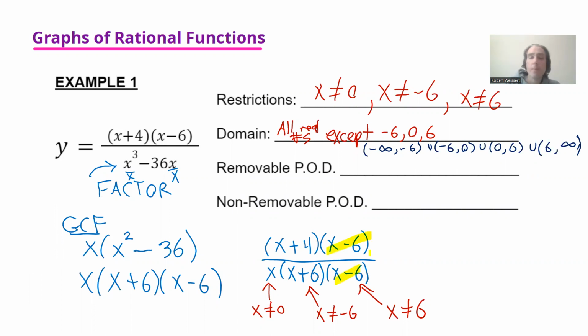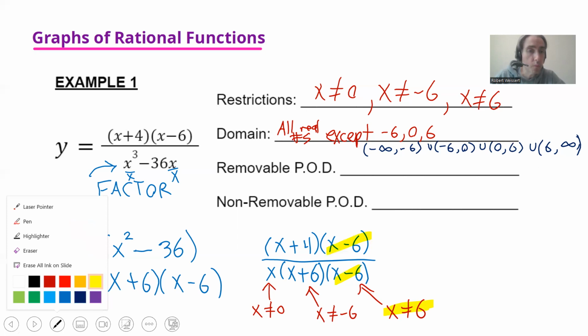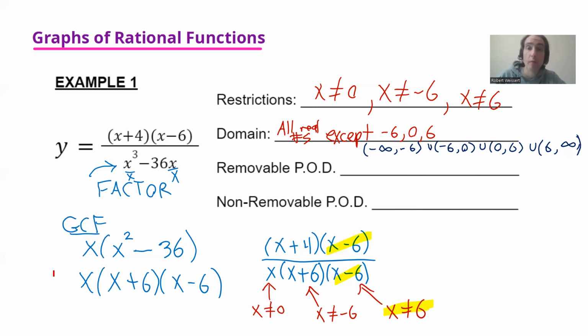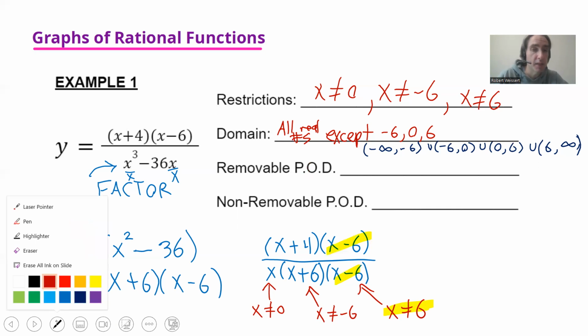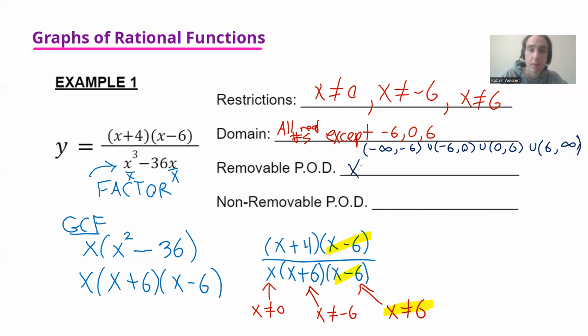Those cancel out. So that 6 right here, that would be the removable point because I canceled that factor out. So my removable point of discontinuity would be x equals 6.